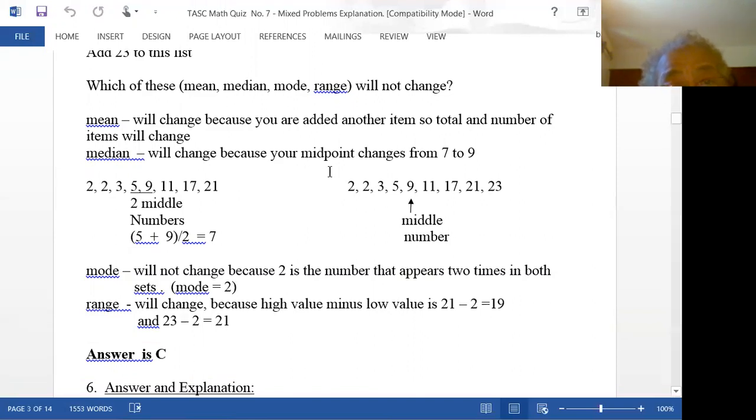Now, of course, that would change because we're adding a bigger number. So range here would be 23 minus 2. Over here, range will be 21 minus 2. So the range will change. So answer C, the mode will not change.